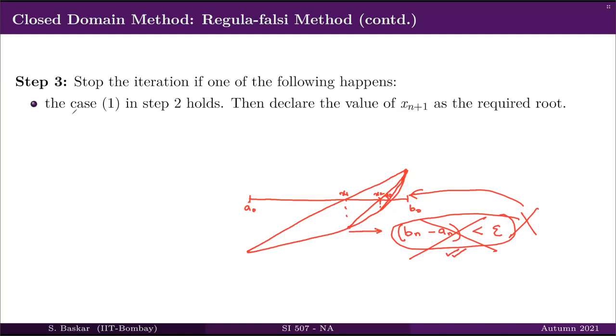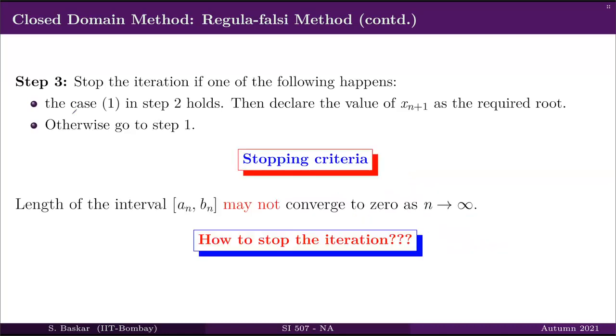Well, there are some suggestions to use as a stopping criteria. Yes, the length of the interval may not converge to 0 in the Regula-Falsi case, right? I have given you geometrically an example. Now, therefore, the question is how to stop the iteration.